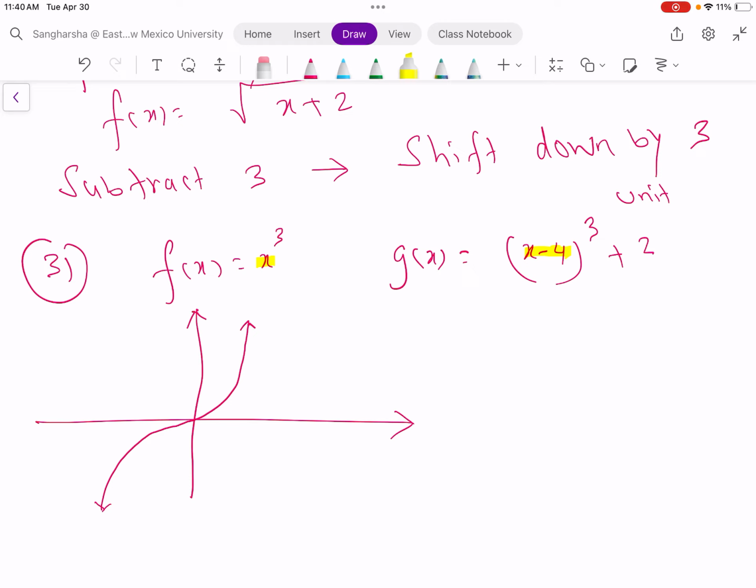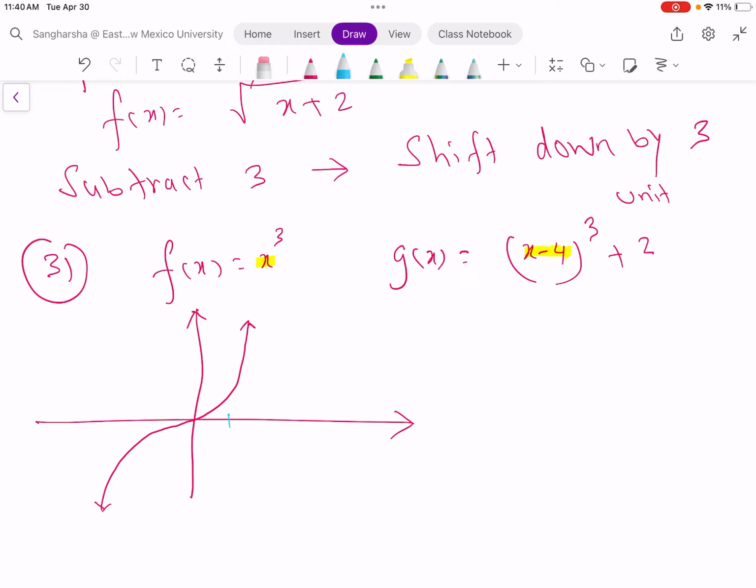And then you're going to add 2. And adding 2 means you're going to shift vertically up by 2 units. So you go right by 4 units and go up by 2 units.